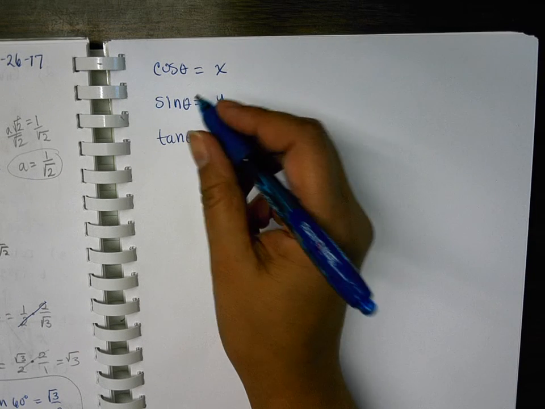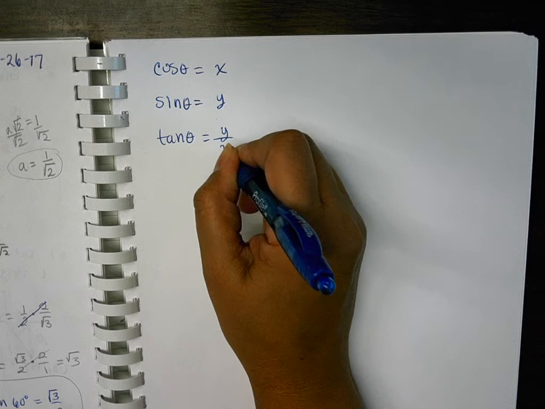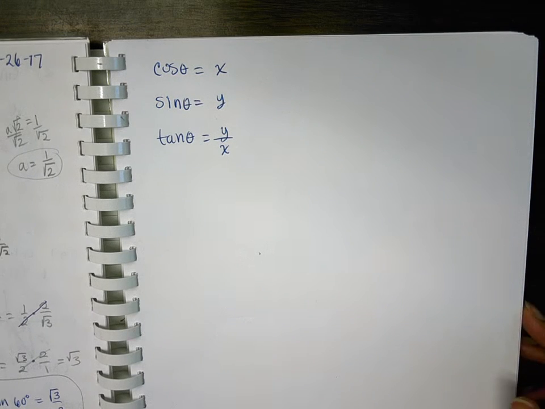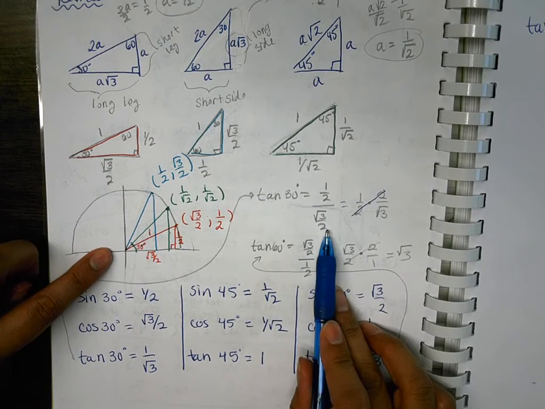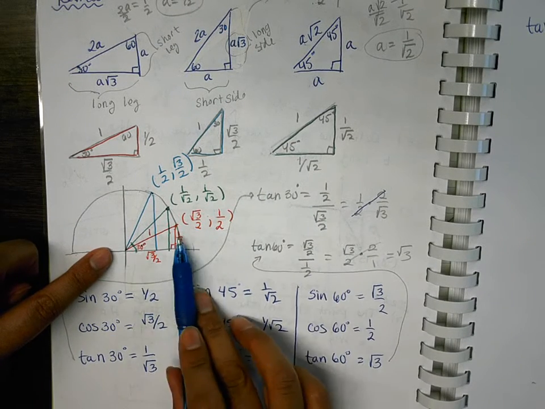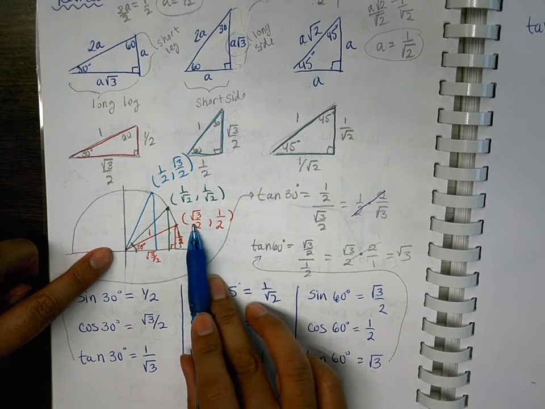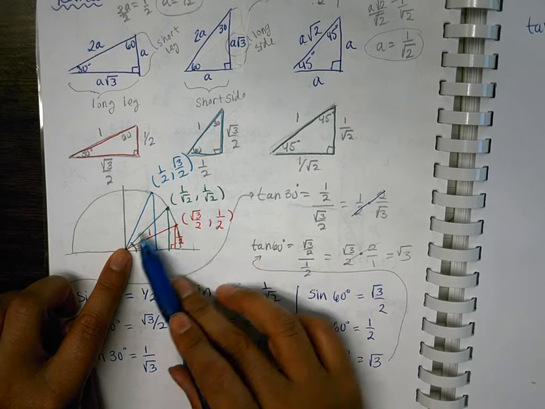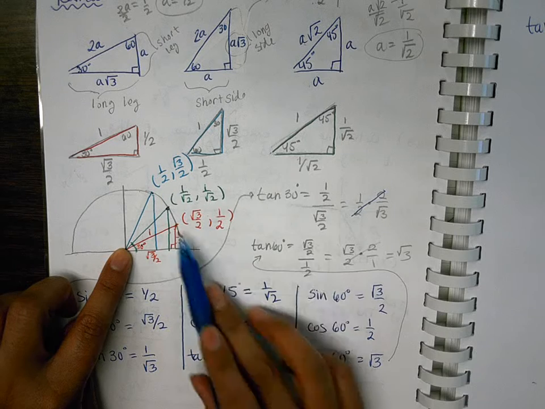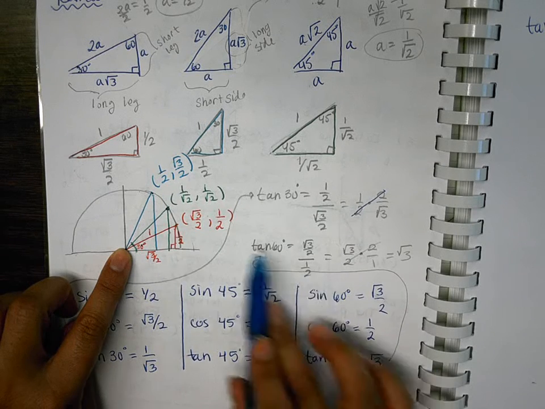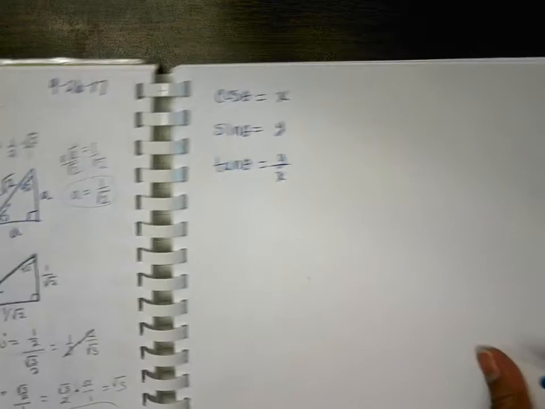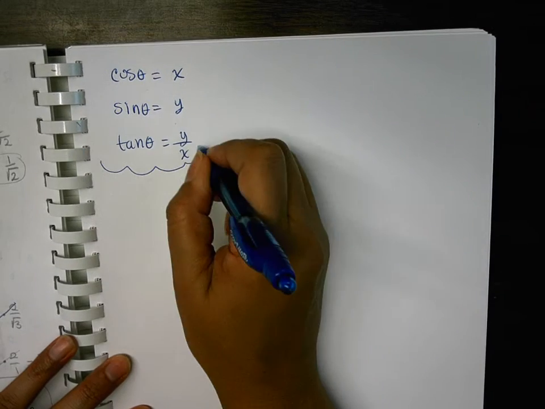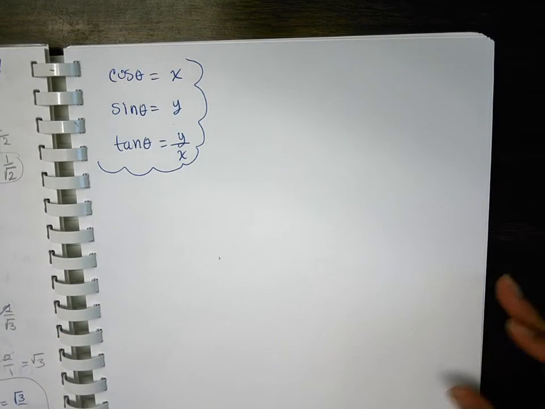Y over X. Does anybody need me to explain that? Y over X. It's coming from right here. Tangent of 30 is 1/2 over root 3 over 2, y over x. Do you see that? Same thing here with the blue one. Root 3 over 1/2. We did down here, so y over x. Y over x. All right. Questions on that before we move on?